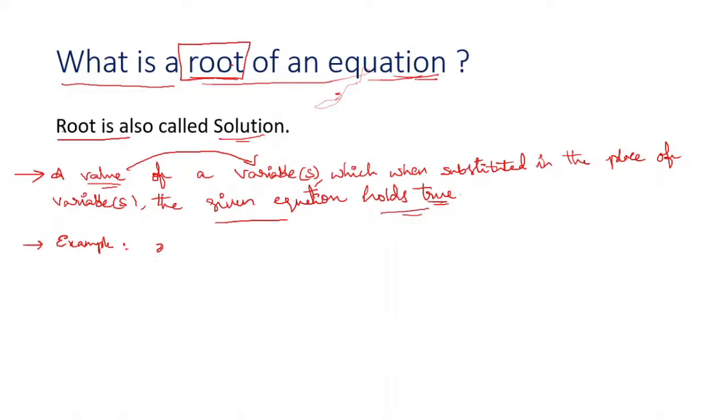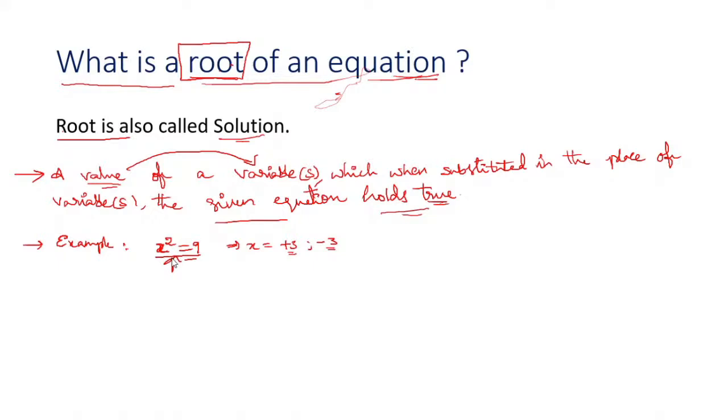Let us take x square is equal to 9. What are the values of x such that x square is equal to 9? Those values are x is equal to plus 3 or x is equal to minus 3. If we substitute plus 3 in the place of this variable x, it becomes 3 square, which is 9.